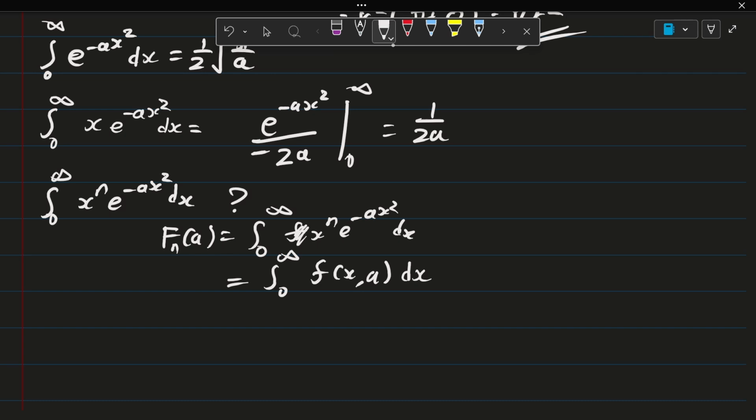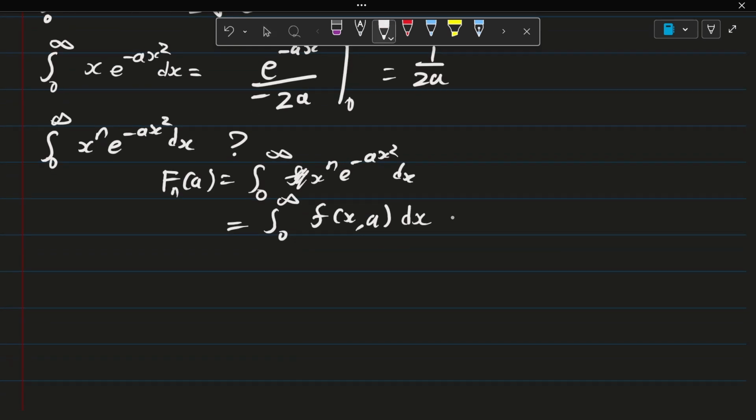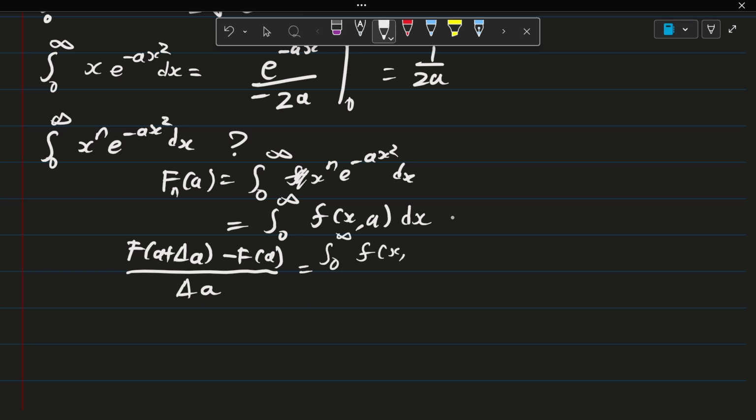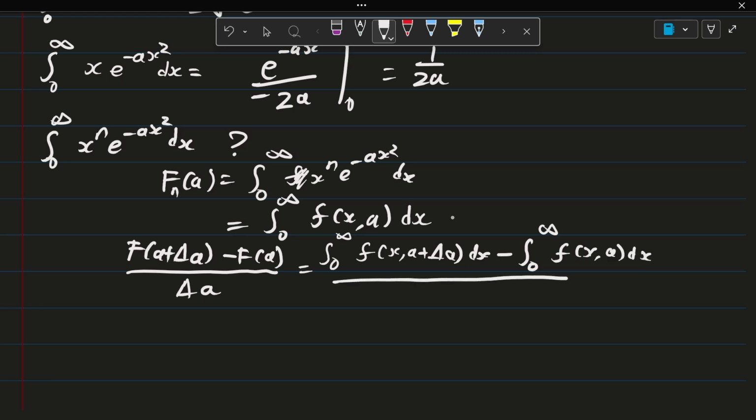And let's try to solve. What about if we try to take the derivative of this function with respect to a? So we'll just use the definition. So it's the function of a plus delta a minus the function of a, divide the entire thing by the change of a. This will equal the integral from 0 to infinity of function x and a plus delta a dx minus the integral from 0 to infinity of function x comma a dx, divide the entire thing by delta a.